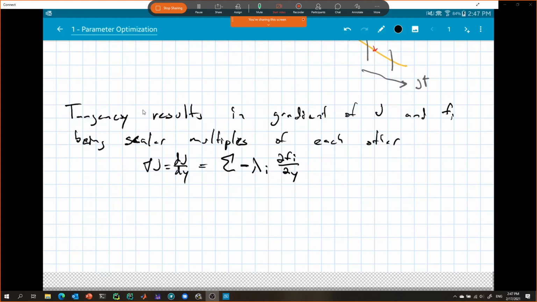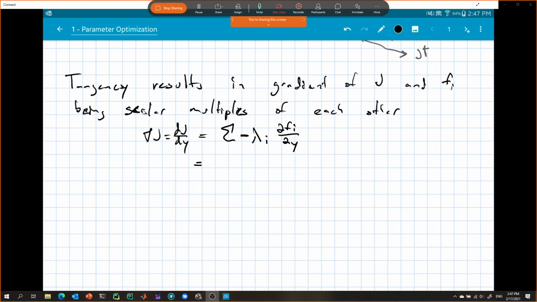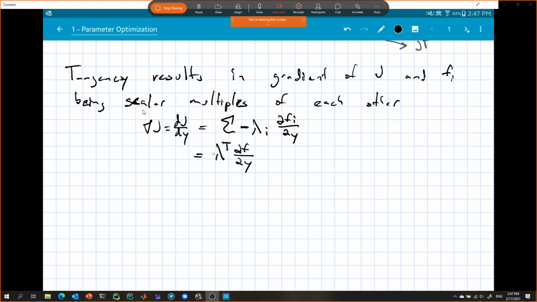Okay. Then we can combine that together into some vector, and dF/dy. Yeah, so we write in vector notation, and that's a negative.